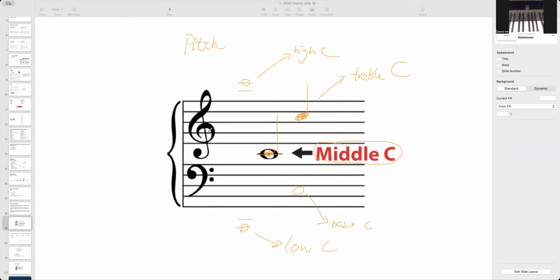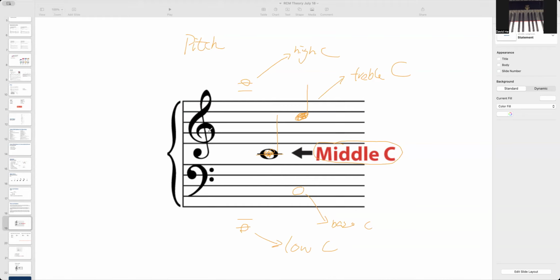From here to here, from a space to a line, we call it a step. If this one is a step up for one, so after C is D. That's how we figure out all the notes.